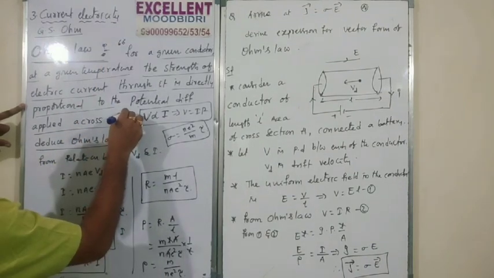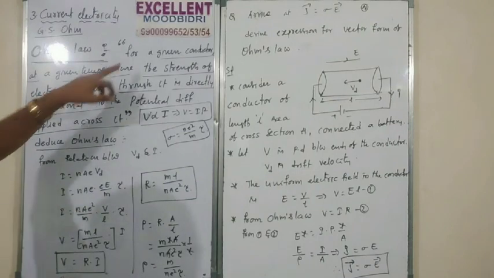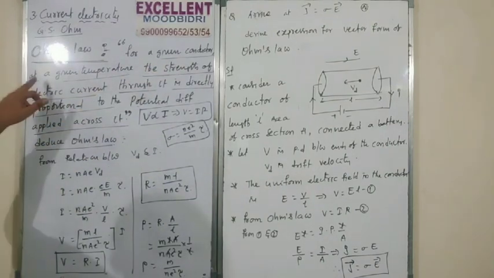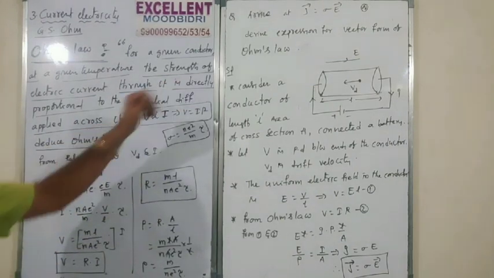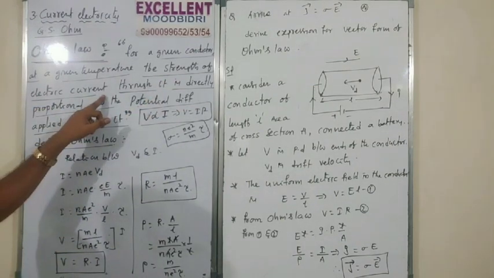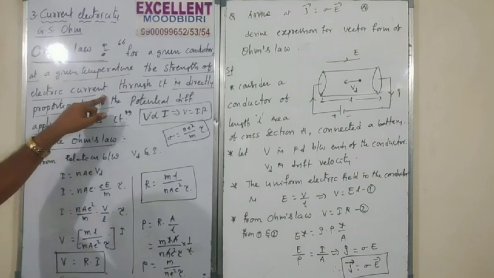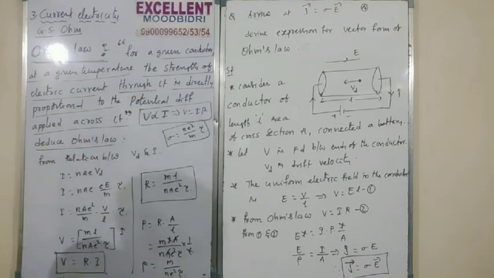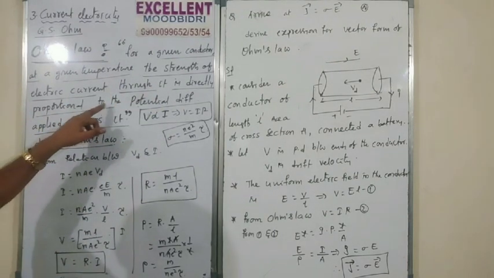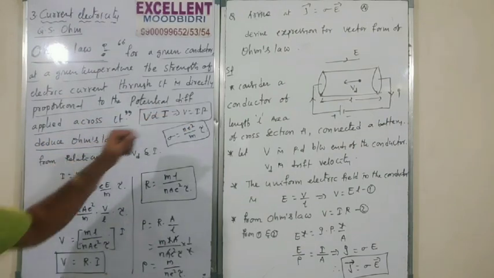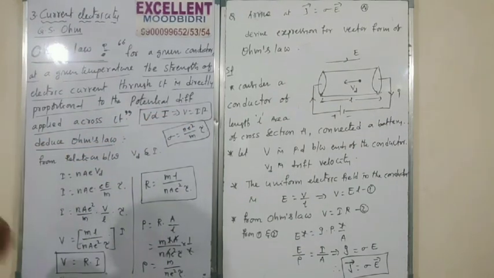So this is Ohm's law. For a given conductor at a given temperature, the strength of electric current through it is directly proportional to the potential difference applied across it.